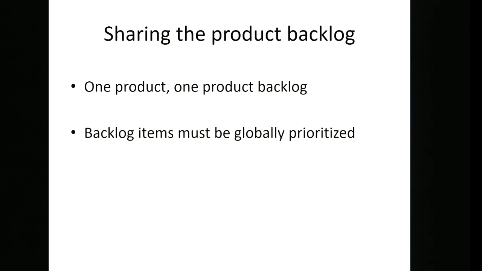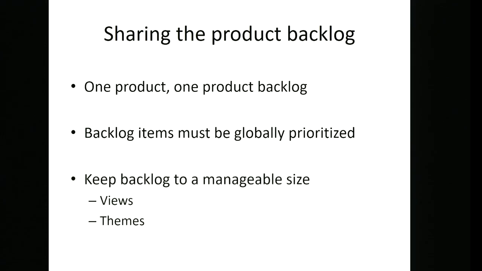So it's no good, to carry on with the diagram we had before, having a completely amazing online experience for a driving game and have no driving AI or driving physics in there. One still needs to prioritise things globally.